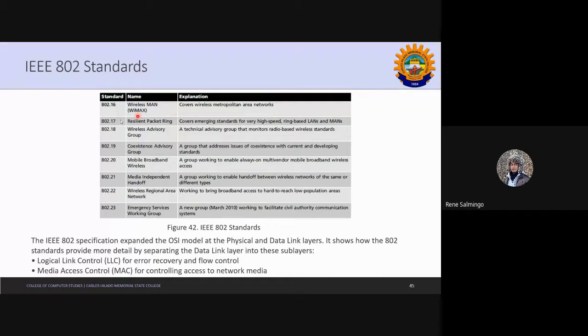We have also the resilient packet ring, 802.17, which covers the emerging standard for very high speed ring-based LAN and MAN. And we have also 802.18, the wireless advisory group, a technical advisory group that monitors radio-based and wireless standards. And we have also 802.19.